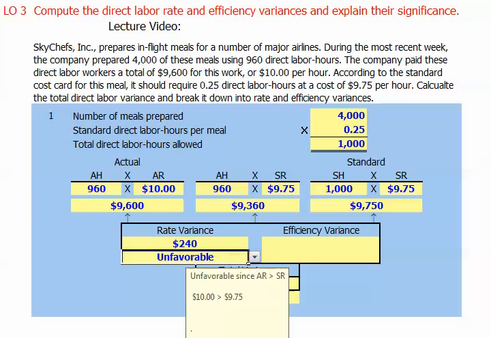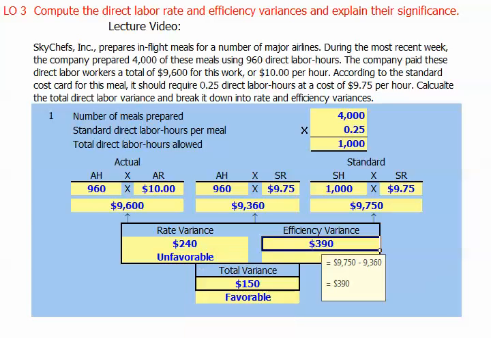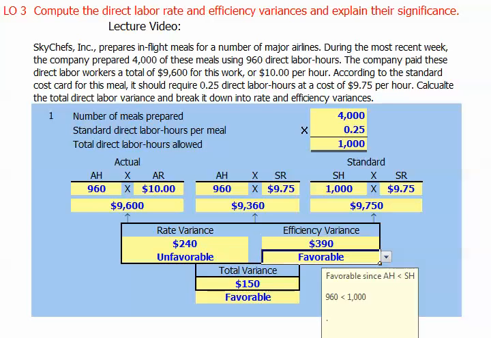This variance would be an unfavorable variance since the actual rate we paid our workers of $10 per hour was greater than the $9.75 standard rate. From an efficiency perspective, our efficiency variance is $390, and it would be a favorable variance since our actual hours that we worked, it only took us 960 hours to prepare the 4,000 meals, while at standard we would have expected it to take 1,000 hours.